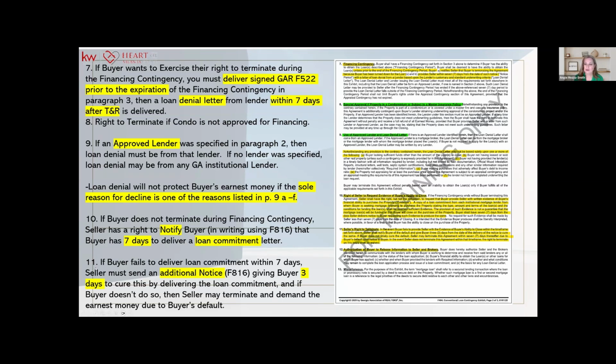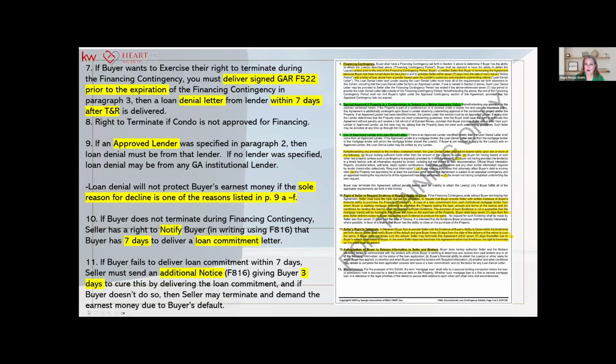This right is underutilized by sellers because a lot of their agents simply don't know about it, and therefore they don't exercise it. It's a proactive thing that you can do when you're representing a seller to make the seller feel more reassured, and that you're doing proactive things to try to make sure that this is actually going to end up at the closing table, even though it's not a guarantee.